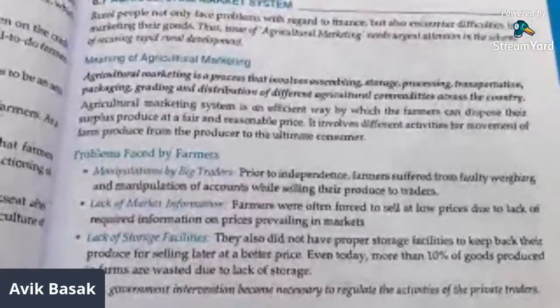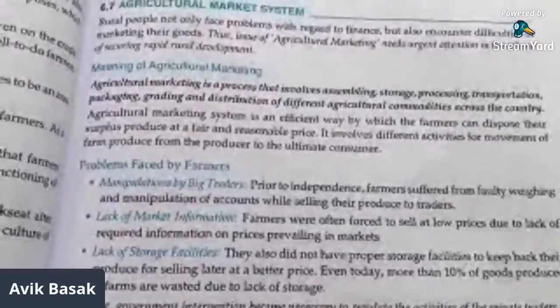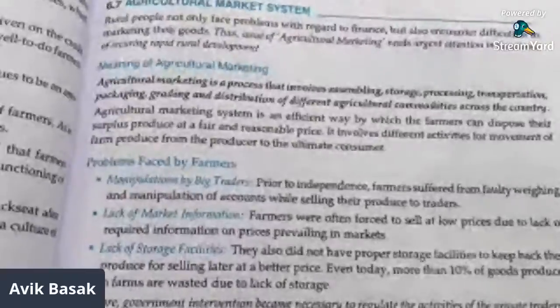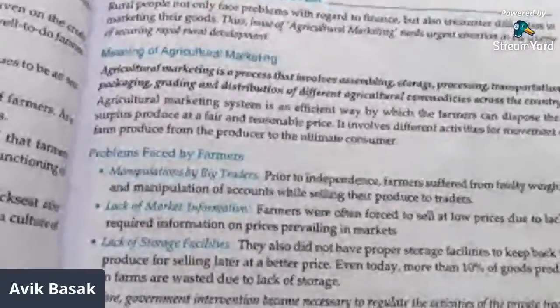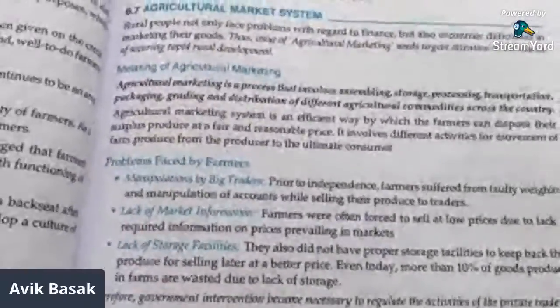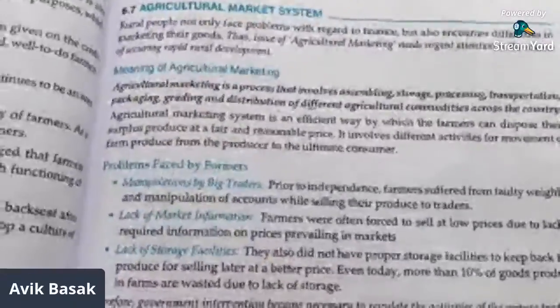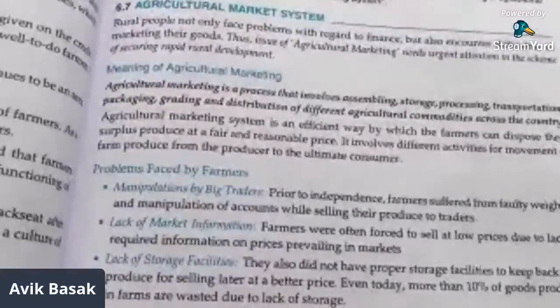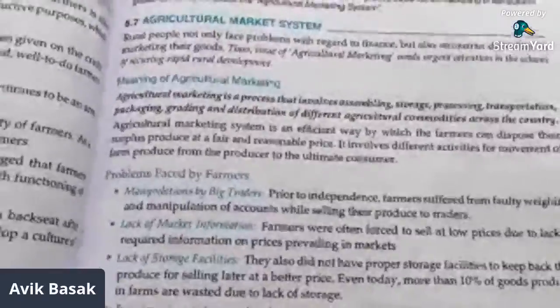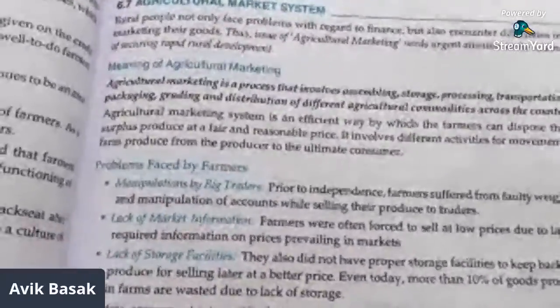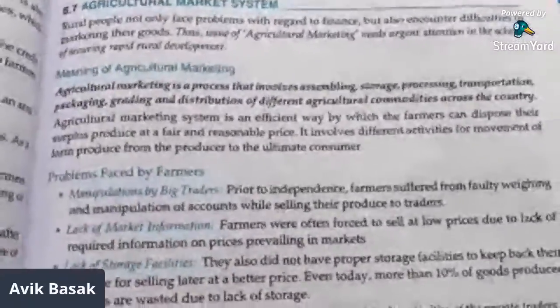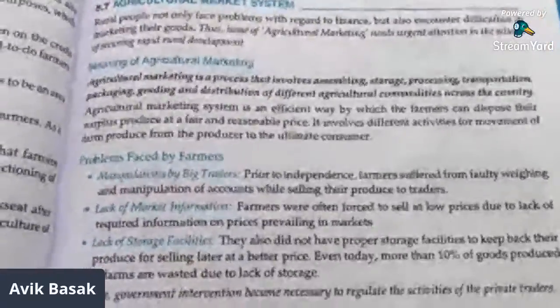When traders go to the farmers to buy the goods, the farmers are cheated on weights. The actual weight of the product is 5 kg. The traders will cheat and tell them the weight is 2 kg, and they will pay the money for 2 kg and take the extra amount. In this way, the small farmers are manipulated.